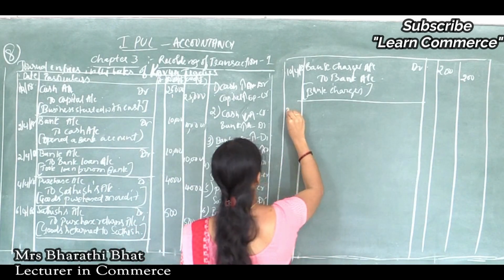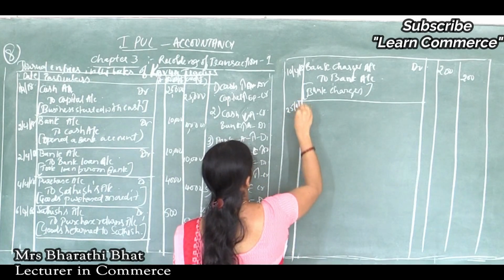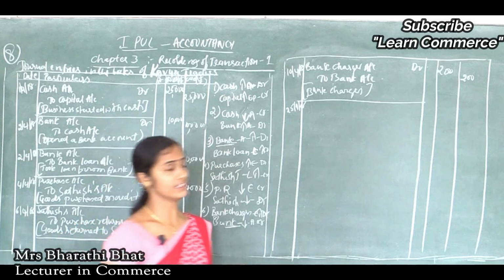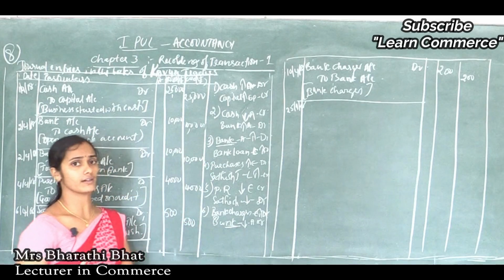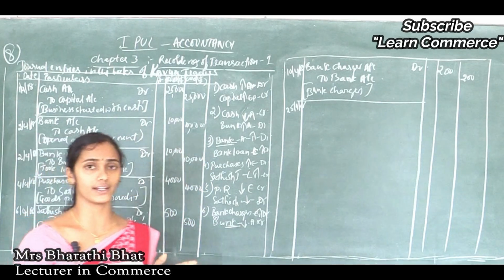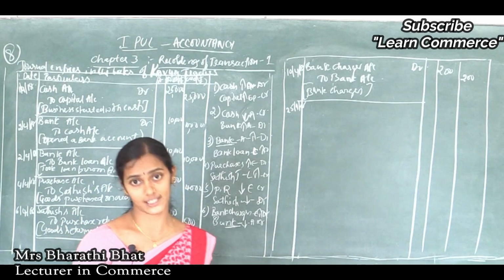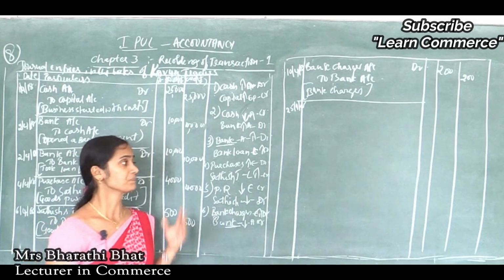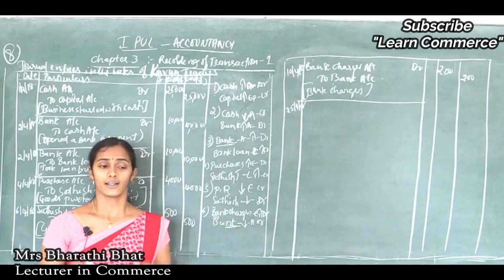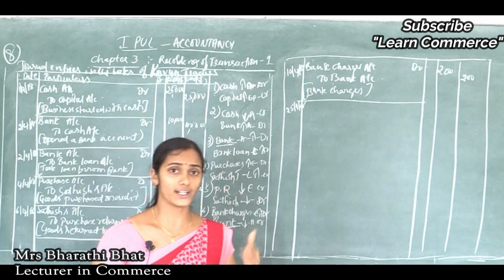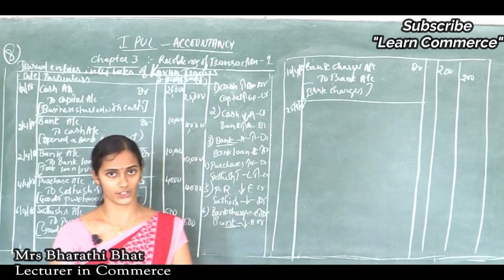Date 25/4/18. Interest on capital. Here capital means what? The owner brings some cash when he is starting the business organization, correct? According to the separate entity concept, the owner is distinct from the business organization.